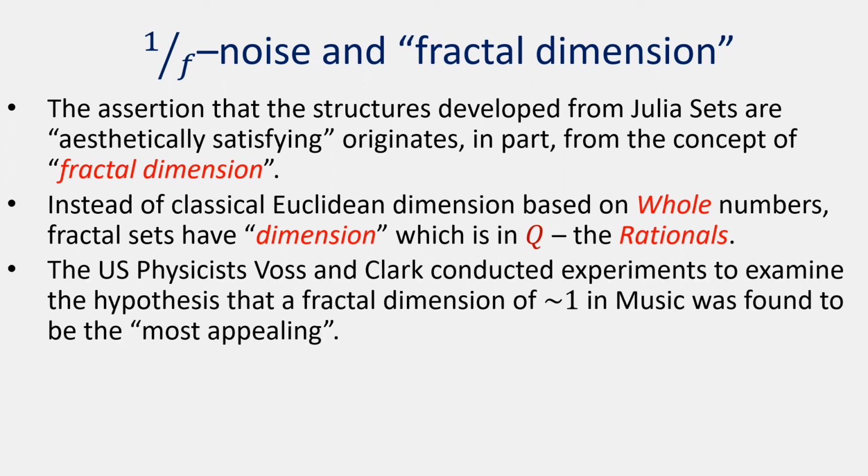So we can talk about objects with dimension 1/2, dimension 1/3, and so on. Two American physicists in the 1970s conjectured that the reason why particular structures appeal to the senses is because they have a certain fractal dimension close to 1. So Voss and Clarke carried out experiments to test this hypothesis.